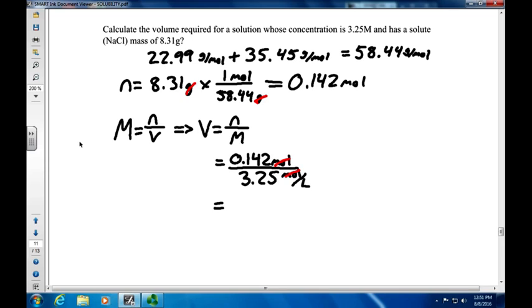Do the arithmetic out, and you can determine that 0.0437 liters are produced in this process. We can then convert that, if we desire to, to milliliters or some other unit of volume. But it doesn't ask for it, so we're just going to keep it in liters.